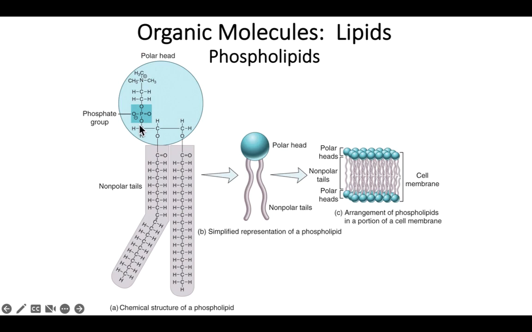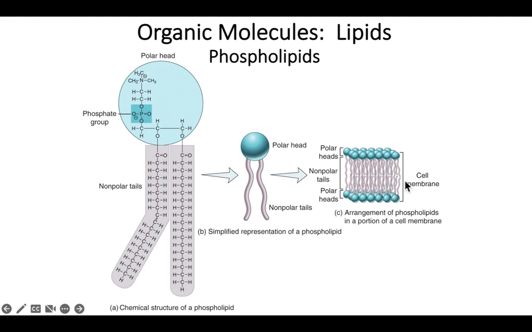Now, the beauty of this molecule is the fatty acids are nonpolar. There's no charges here. No partial charges. The phosphate is polar. So now you have a molecule that has polar here and nonpolar here. If you've got a whole bunch of these things, they form this membrane.